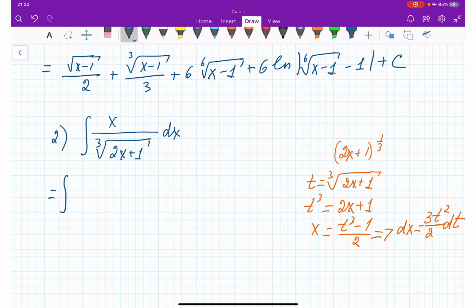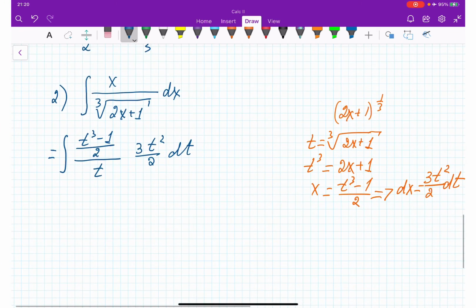How much is my x? t cubed minus 1 over 2, right? Dividing by cubic radical of 2x plus 1, it's going to be t, right? And dx is going to be 3t squared over 2 dt. All right. So from here, what we're going to do, this constant will come out, 3 over 4.